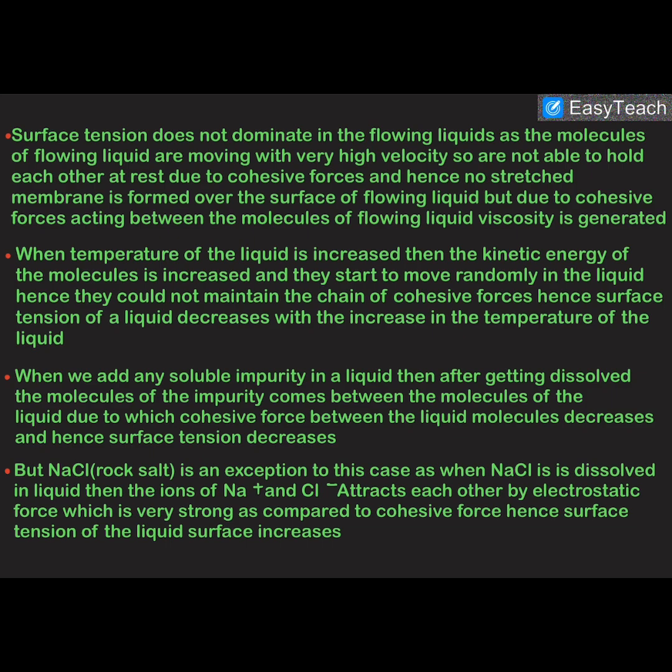As well as, you must have seen that when we wash the clothes, we dissolve some soap solution or impurity in the liquid. This is to serve two purposes.